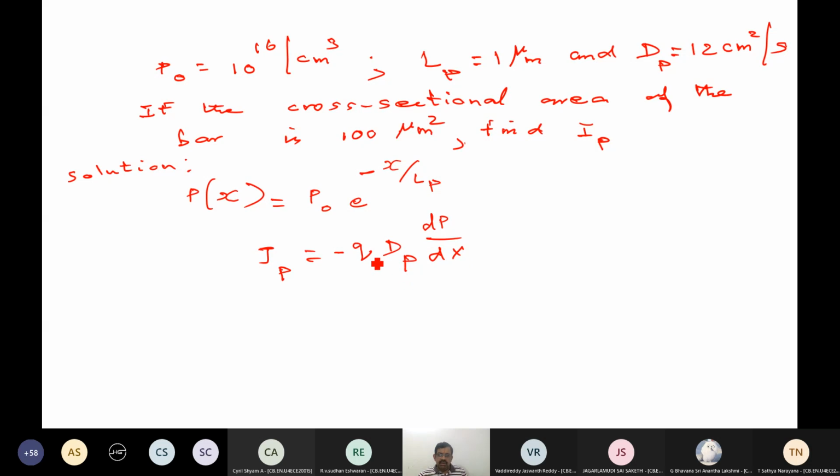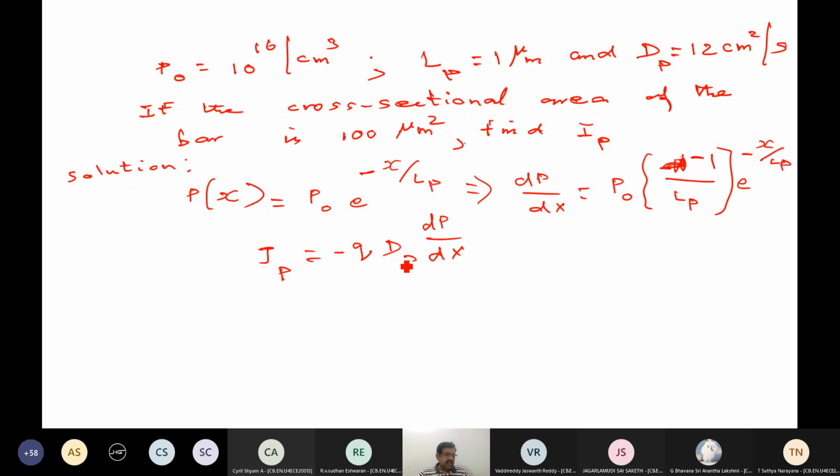So let us look at what dP by dx is. The P naught will be there straight away, and e power minus x by LP will become minus 1 by LP. You differentiate the power and then simply e power minus x by LP. So dP by dx is this.